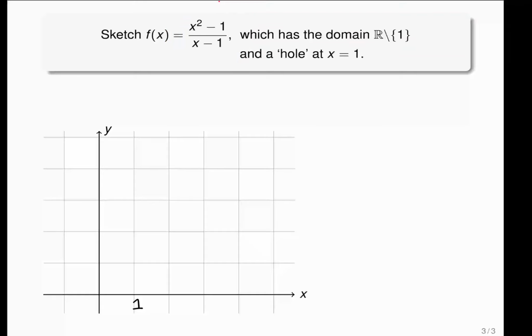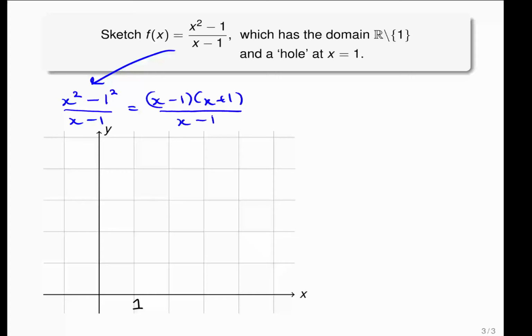Firstly, observe that the numerator can be thought of as x squared minus 1 squared. That is, the difference of two squares. Thus, we can factorize the numerator as x minus 1 times x plus 1. The linear factor x minus 1 in both top and bottom can then cancel, leaving us with just x plus 1.